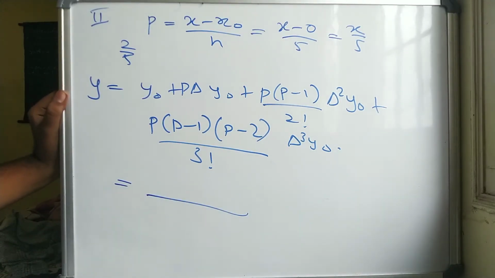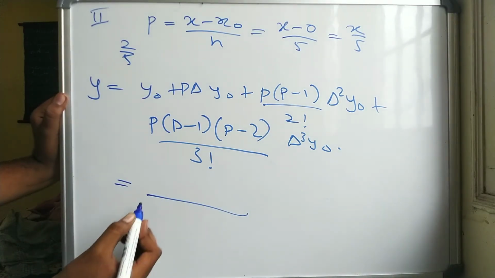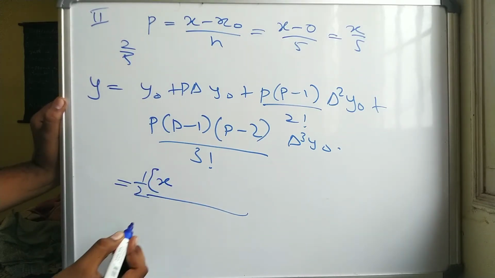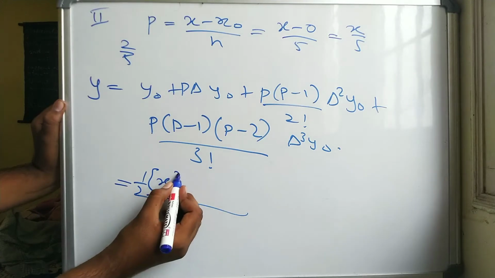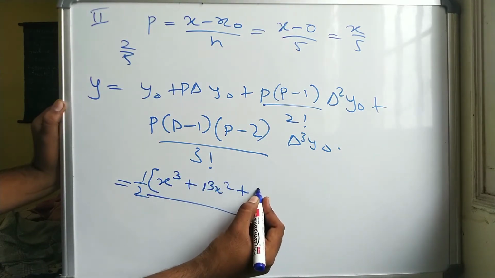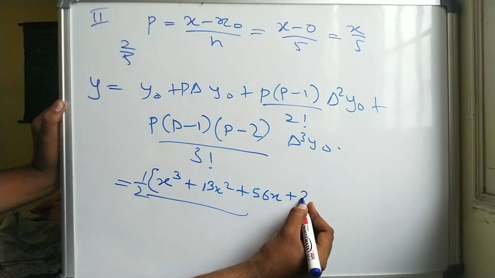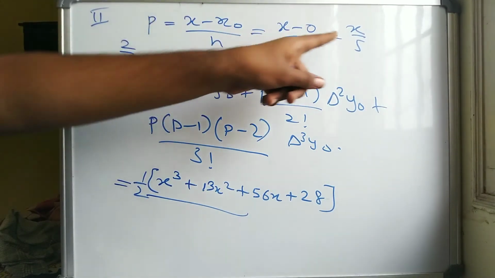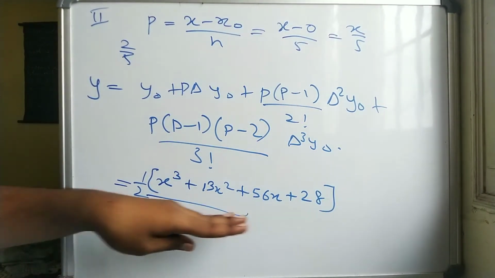I'll tell you the answer, that is nothing but 1 by 2 times x cube plus 13x square plus 56x plus 28. So here we are getting a polynomial, since we substituted the p value as x by 5.